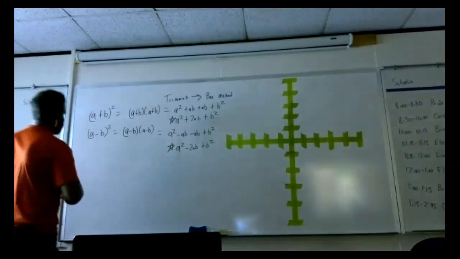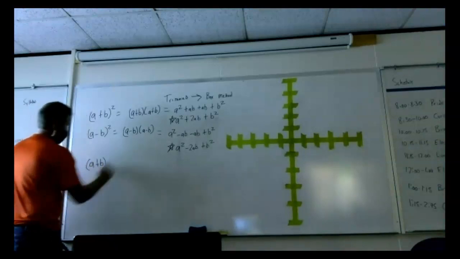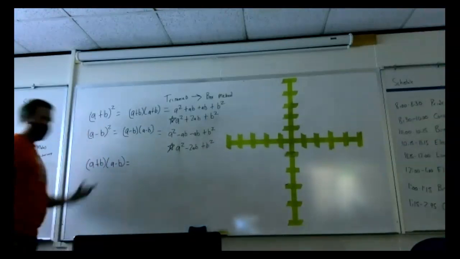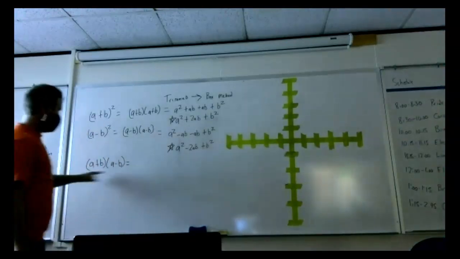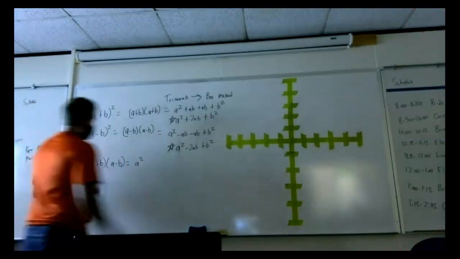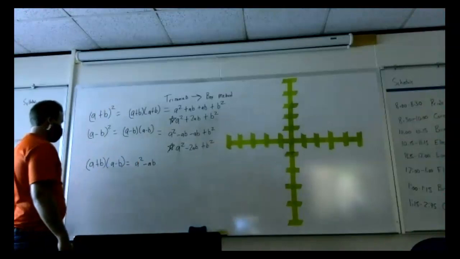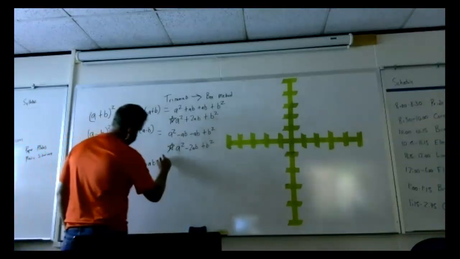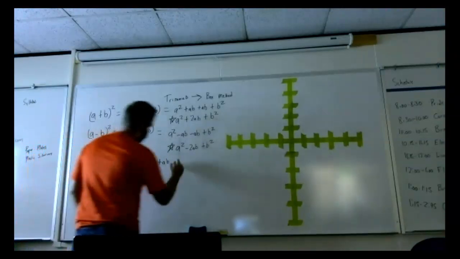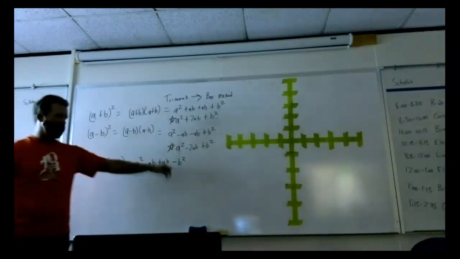A difference of squares shows up if we have the general form A plus B times A minus B. If we were to FOIL those out, we'd have A squared resulting from A times A. We'd have a negative AB because A times a negative B, then a positive AB, and then we would be left with a negative B squared, because a positive times a negative always yields a negative.